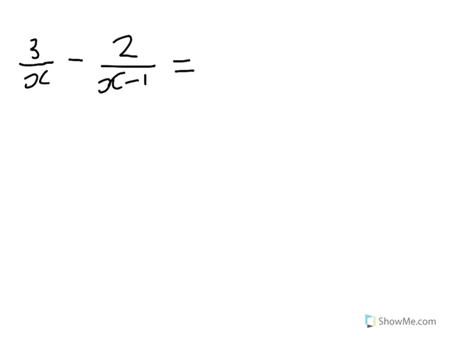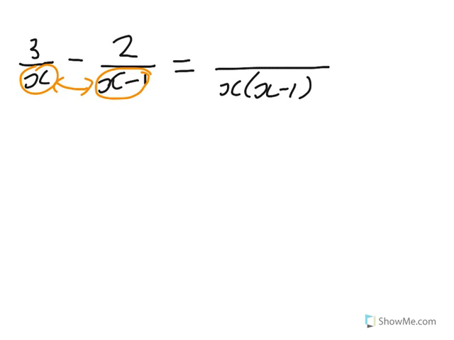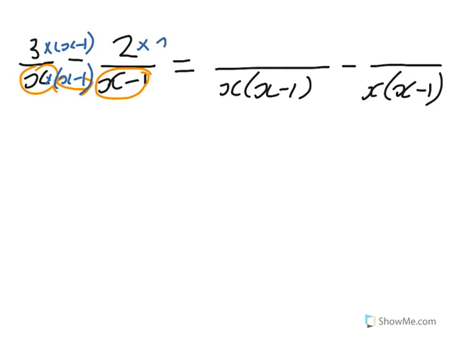As I mentioned previously, the easiest way to get a common denominator is if you multiply those two things together. So in this case, our common denominator would be x times x take 1. The one on the left, you have to multiply top and bottom by x take 1. And the one on the right, we have to multiply top and bottom by x.